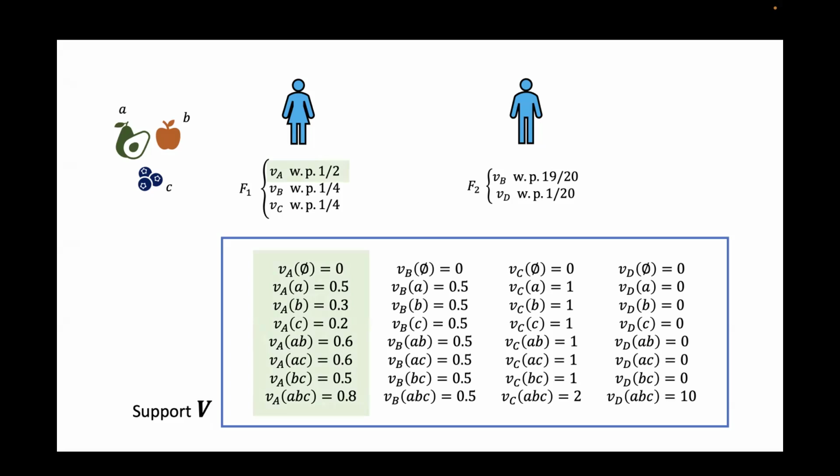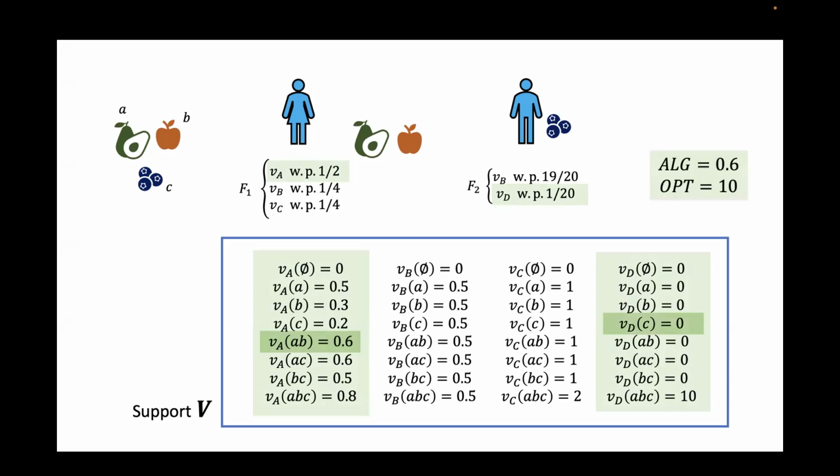And we have to decide which items go to this person. So now we look at this list of numbers. We choose one entry here. We give these 2 items to this person for a value of 0.6. Then the next person arrives and we observe a realization from that distribution. Now we are left with item C, which has a value of 0 for this person.